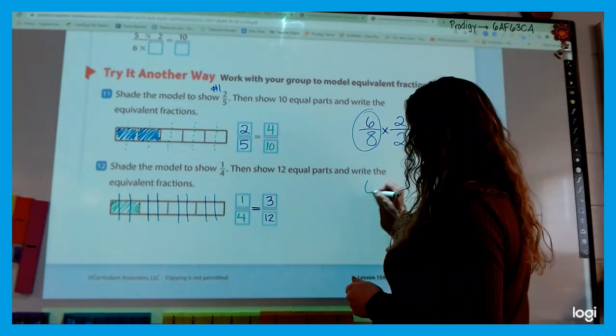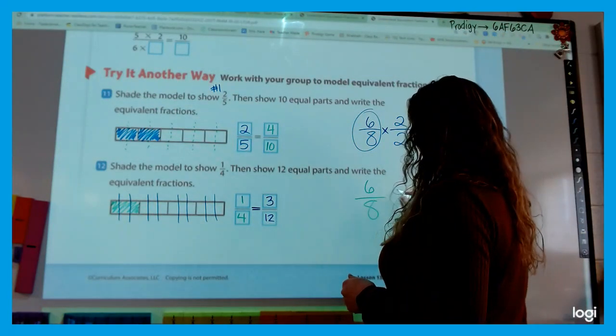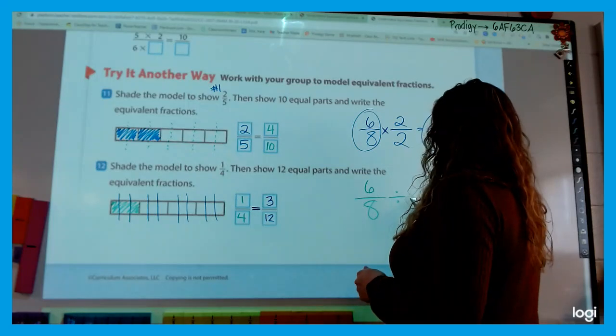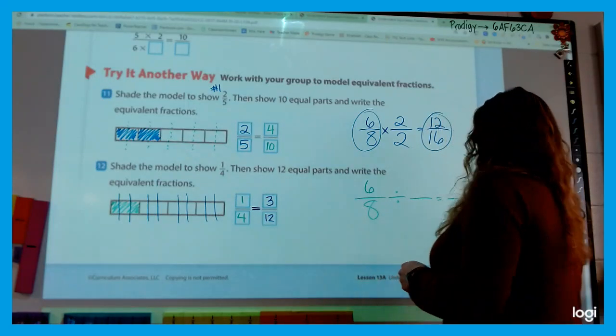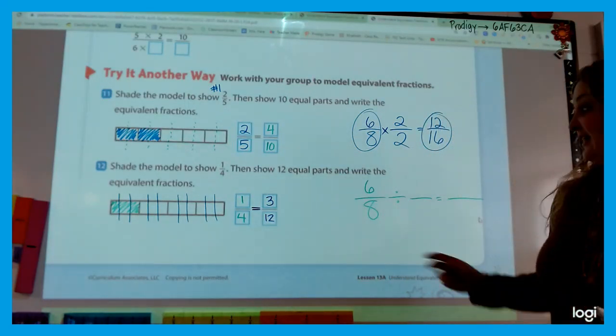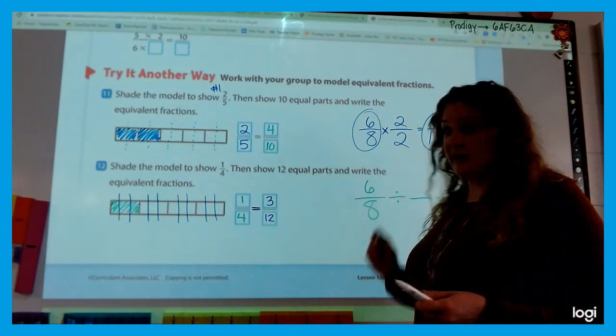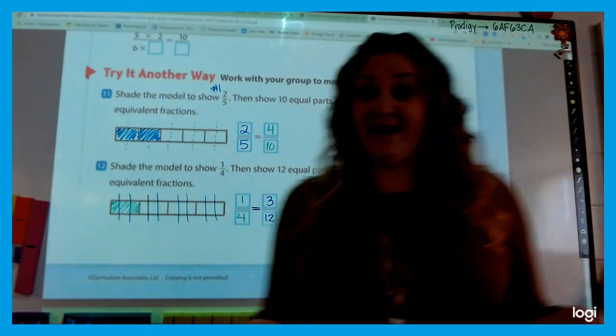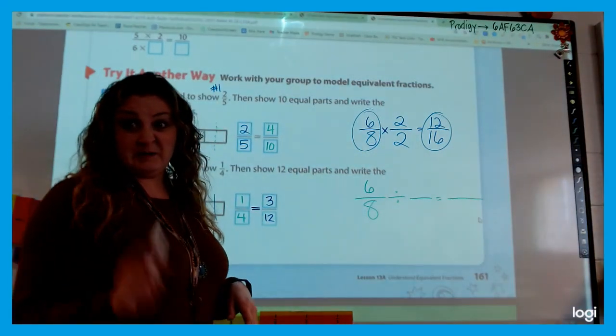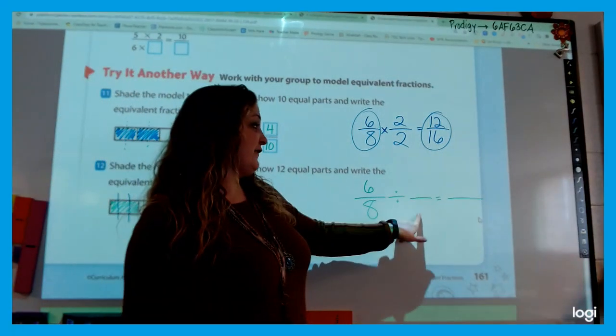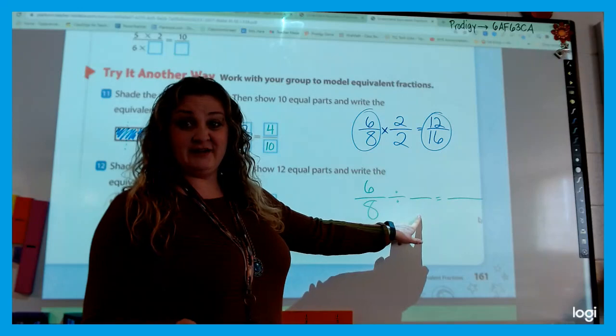So I'll rewrite my 6/8, and I'm going to divide by something. Now here's the problem with division. I have to make sure that the number I'm choosing to divide by is a factor for both of my numbers. So like, think about this. If I put 3 over 3 here, let's think how that would work.